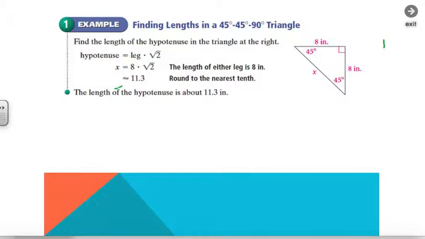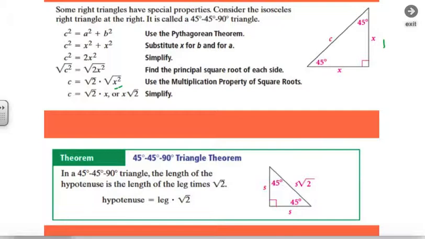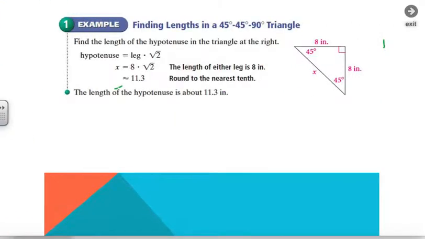If our legs are 8, and we know that the trick, going back to the previous slide, is a leg times the square root of 2, what do we know that the hypotenuse is here? 8 times the square root of 2. Good. There you go. So at this point you can just stop and say 8 times the square root of 2. But if we wanted to approximate using a calculator, we would get 11.3 inches for our hypotenuse. Does that make sense, everybody?